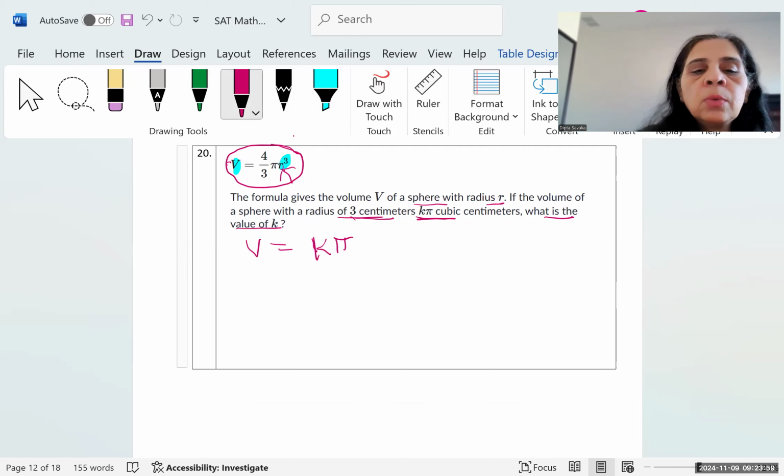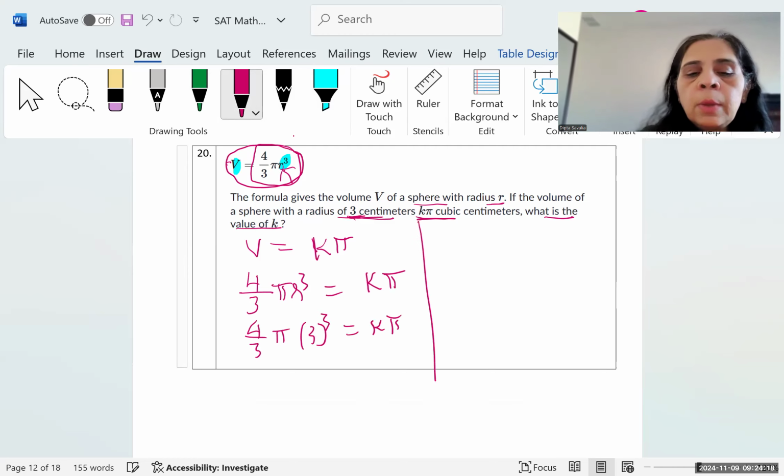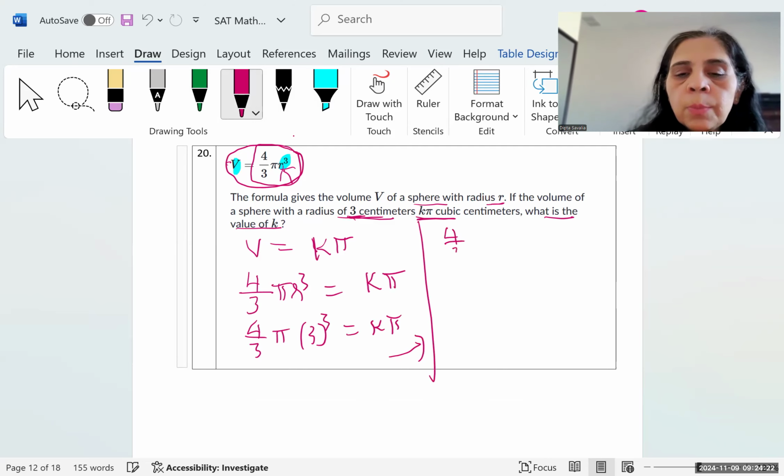So instead of V, we can write 4 over 3 pi R cubed equals K pi. Now we plug in R is 3: 4 over 3 pi 3 cubed, which is 27, equals K pi.